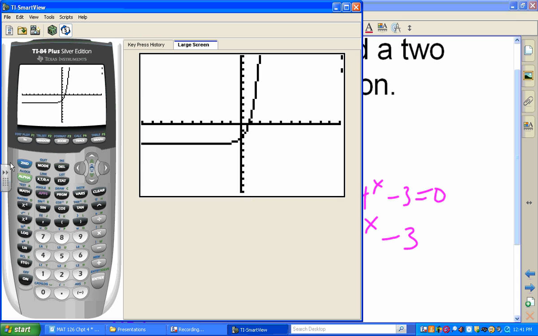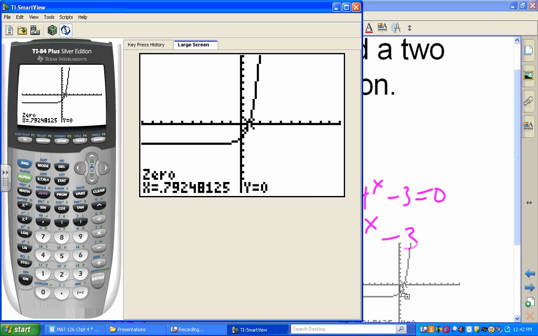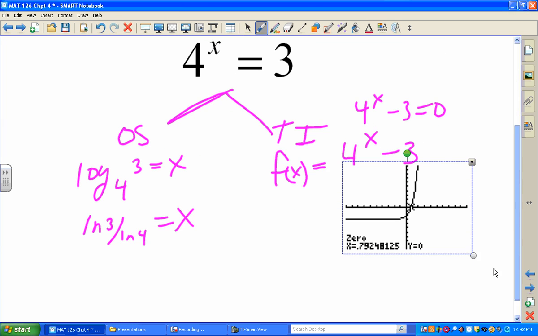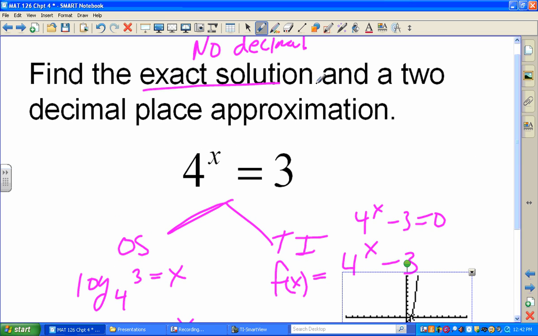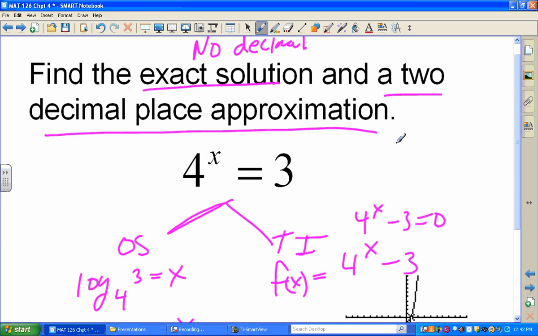Second, calculate 0. Negative 5 to 5. Guess of 1. Actually, the direction said find the exact value and a 2 decimal place approximation.